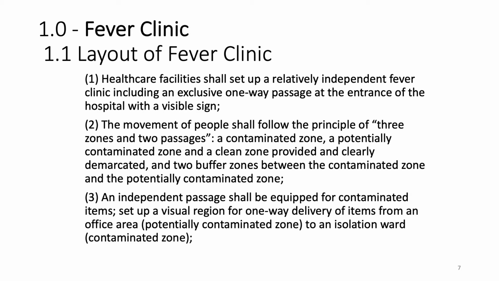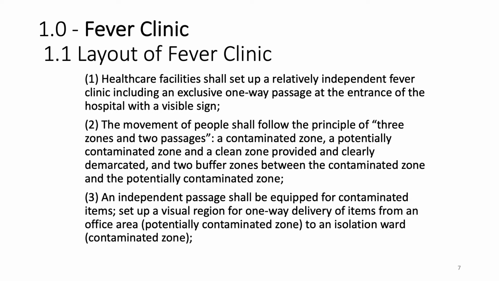1.0 fever clinic, 1.1 layout of fever clinic. 1. Healthcare facilities shall set up a relatively independent fever clinic, including an exclusive one-way passage at the entrance of the hospital with a visible sign. 2.